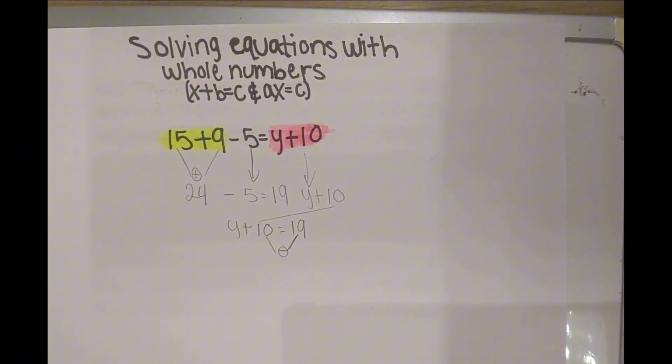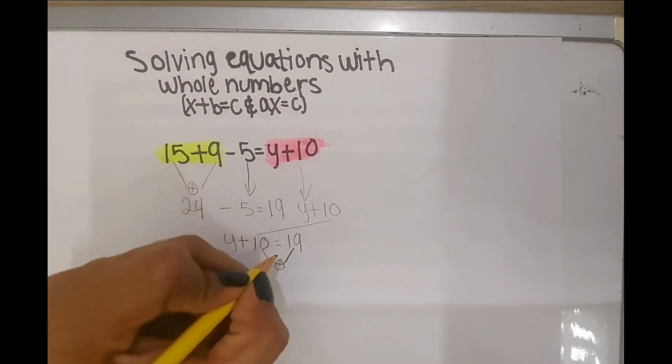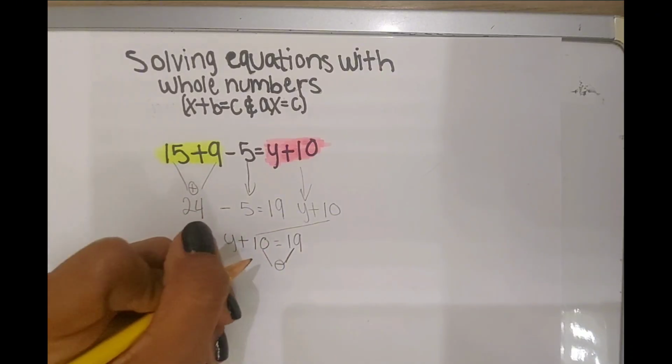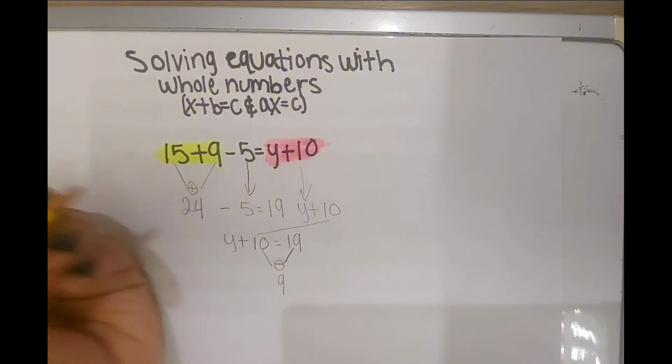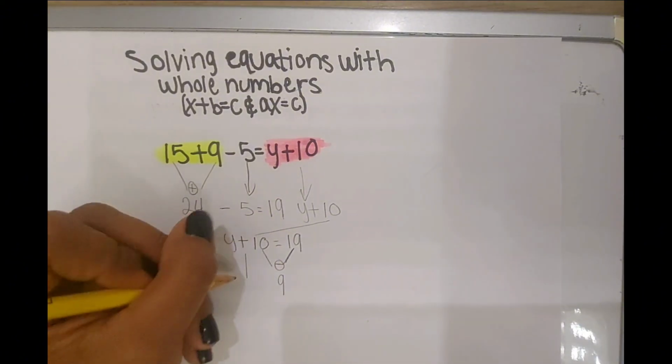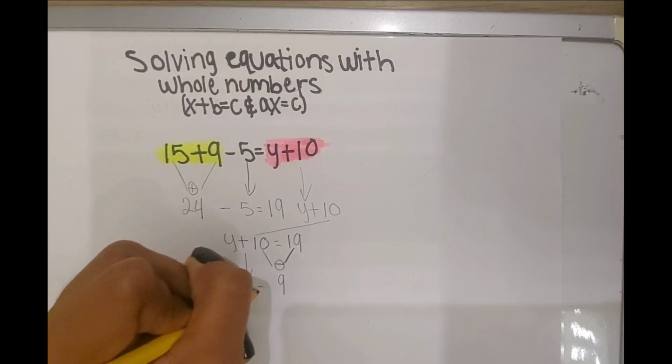Now we haven't gotten to negatives yet, so this is obviously not a negative. This would be written as 19 minus 10. 19 minus 10 will be 9, meaning that, and you bring this down, meaning that y equals 9.